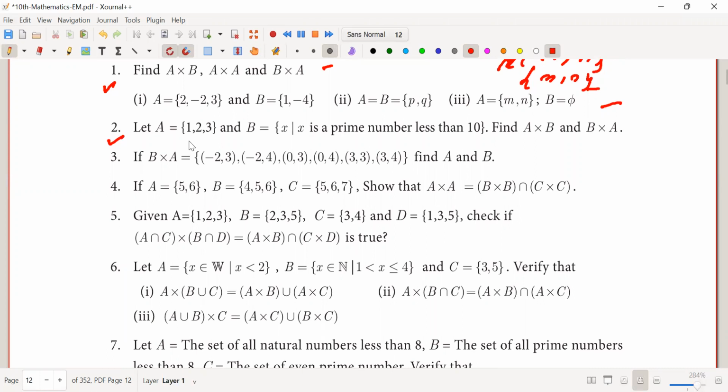A is given as {1, 2, 3}. B is the set of prime numbers less than 10. I asked you some questions before, isn't it? Why I asked is, if you know that, you'd answer immediately. It will be just like the first sum. What's the answer for B? 2, 3, 5, 7.